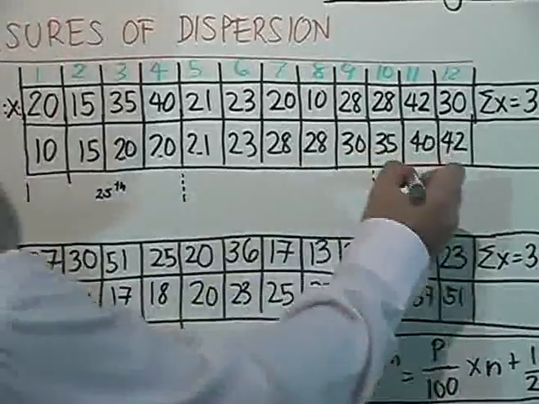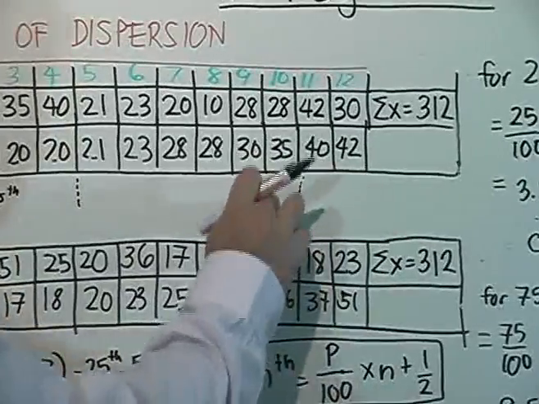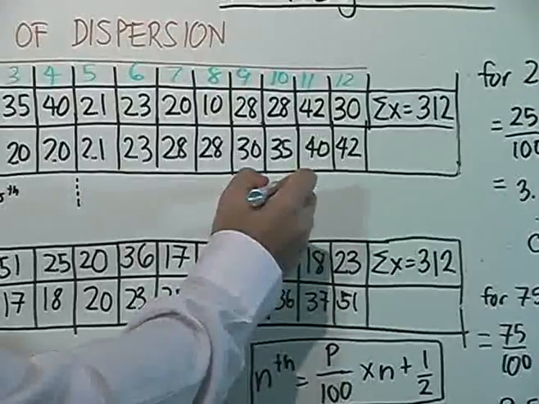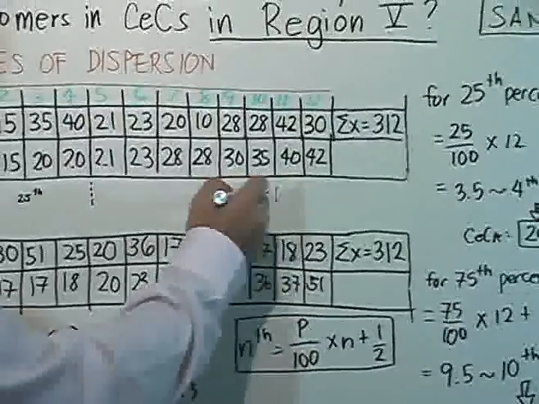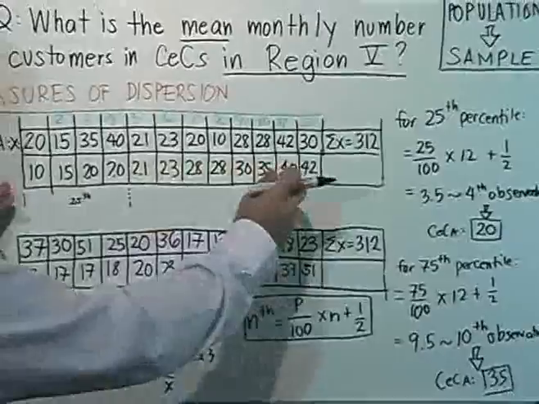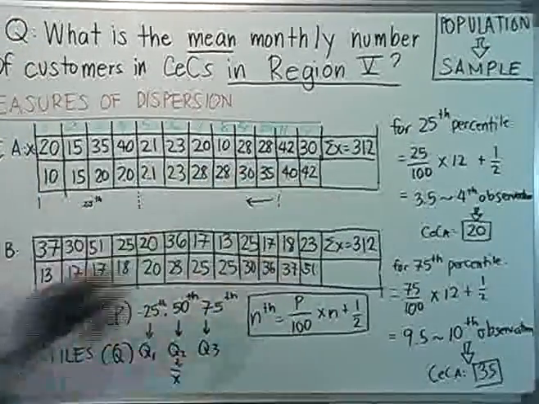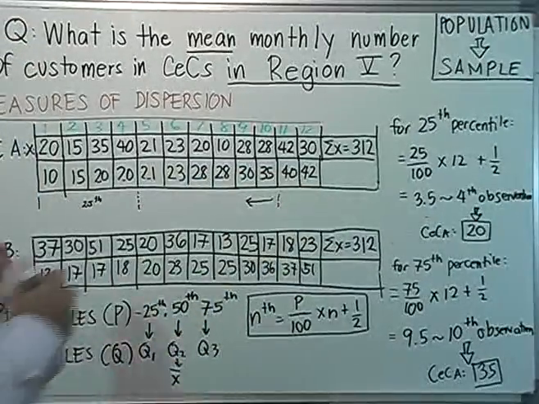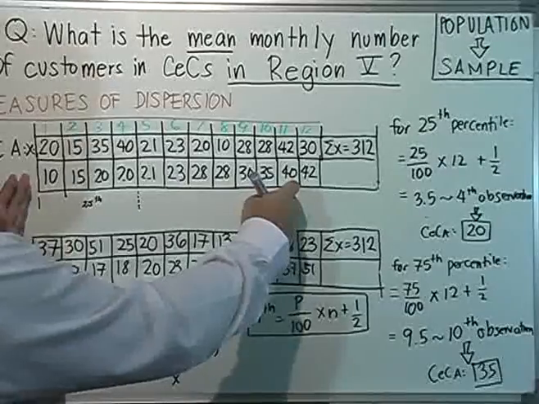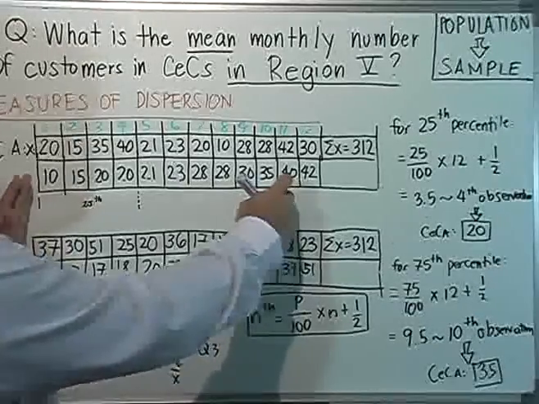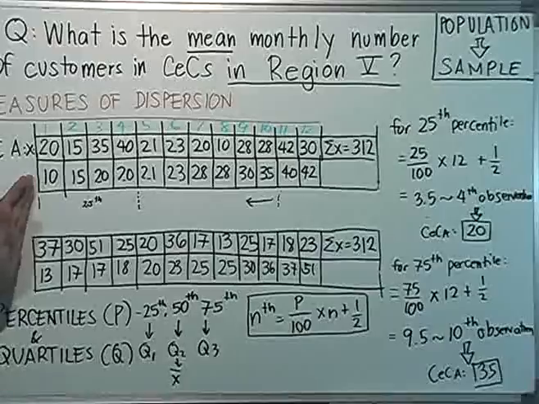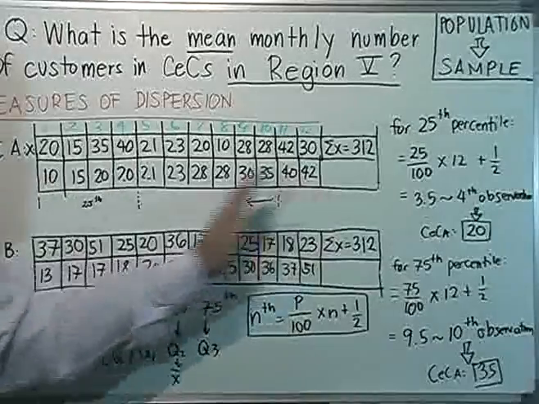Which means that 35, along with all the other observations before it, all of this up to this point will correspond to the 75th percentile, or 75% of all observations in this array. So this is the 75th percentile.